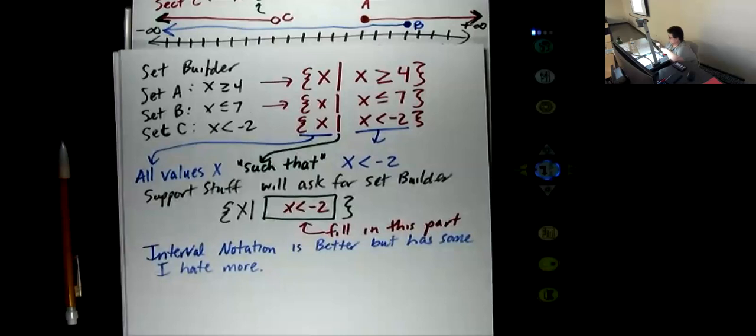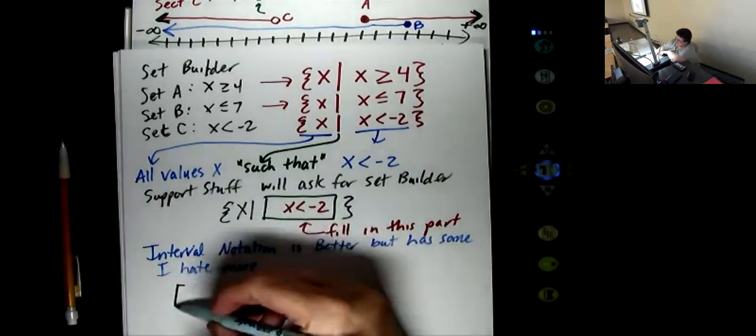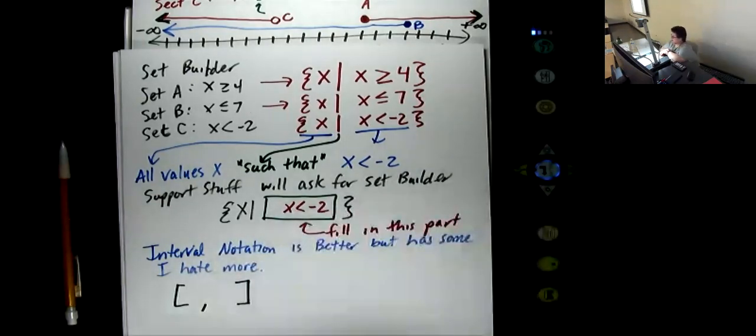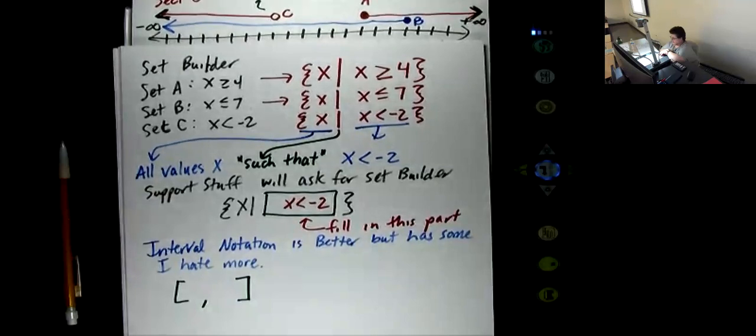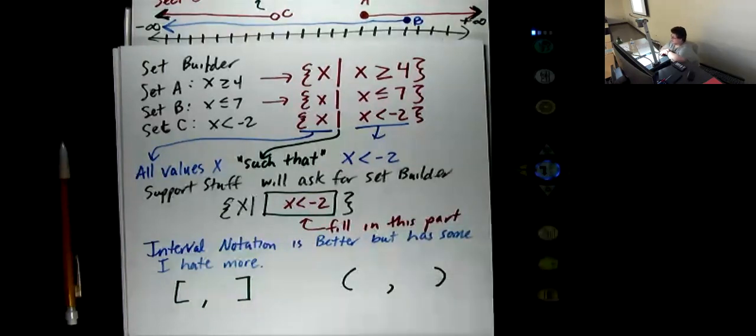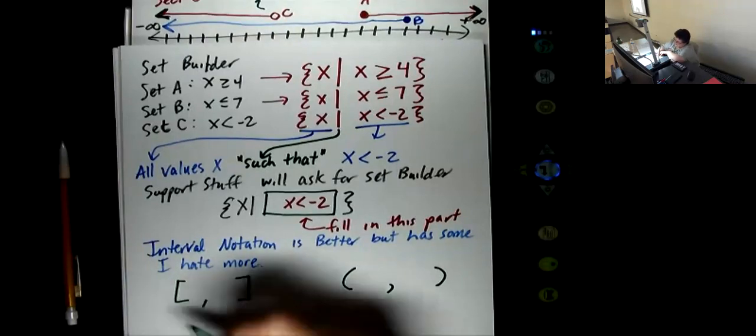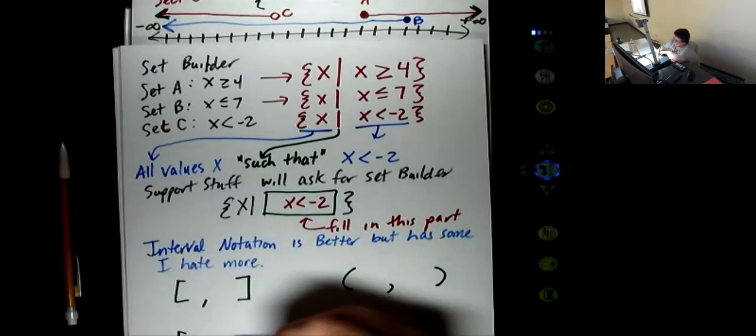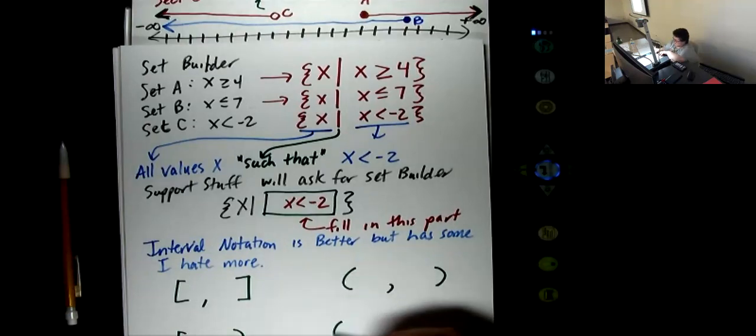So there are 4 ways you will see stuff. We will see stuff that has brackets on both sides. We will see stuff that has parentheses on both sides. Then you can see a bracket with a parenthesis or a parenthesis with a bracket.